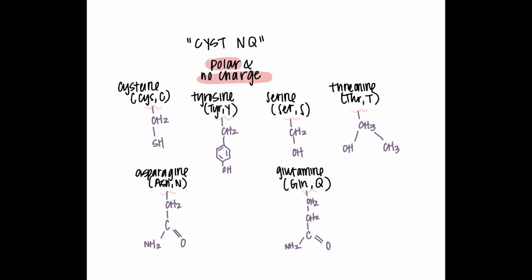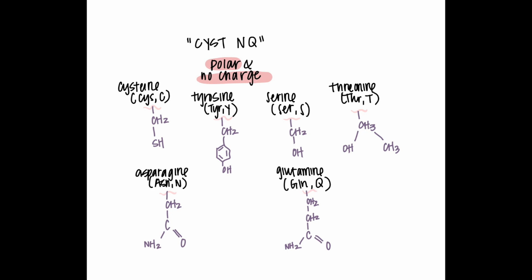Whatever you can do to get it to stick in your head. So C representing cysteine, Y representing tyrosine, S representing serine, T representing threonine, N representing asparagine, and Q representing glutamine. Again, that's why it's essential to have these 1-letter abbreviations memorized.